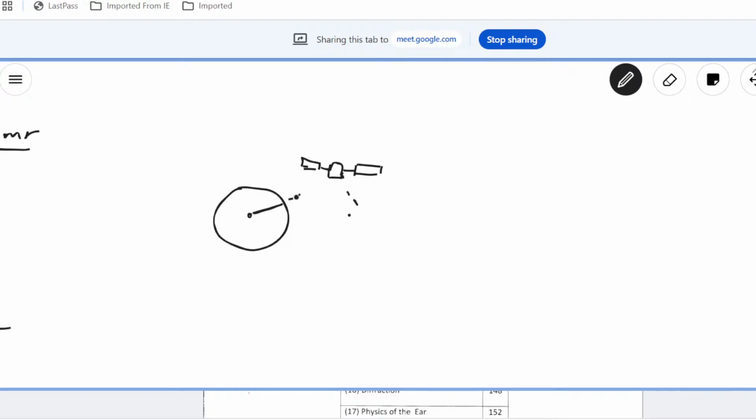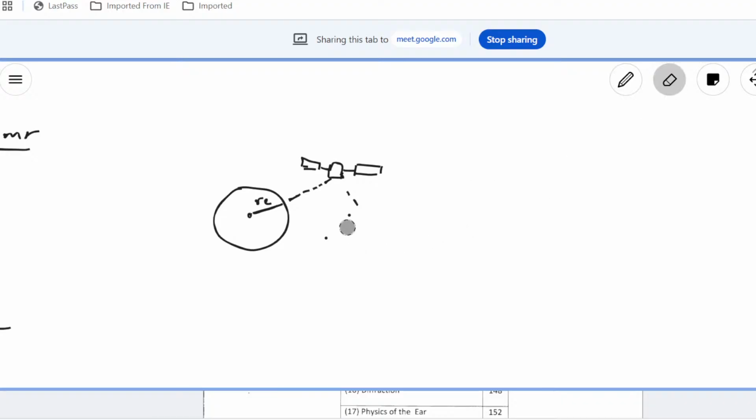So the distance between the center of the Earth and the Earth's surface, which was the first line, that line, would have the gravitational pull be 9.8.